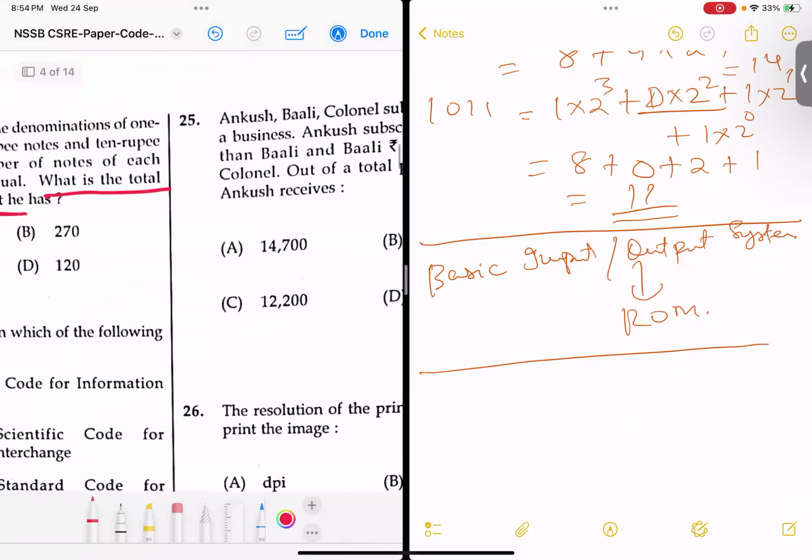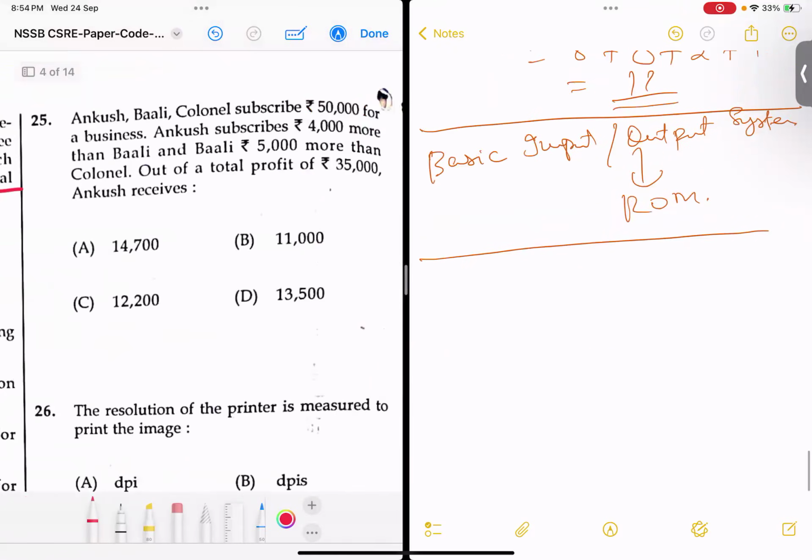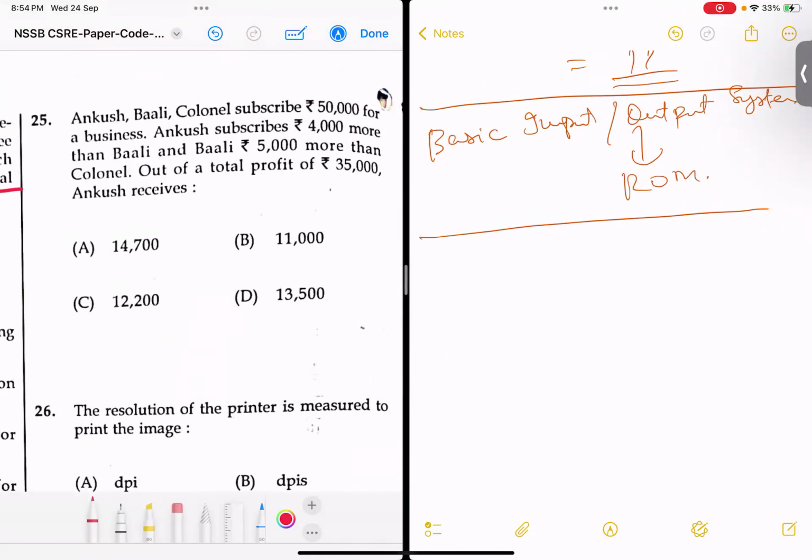Question number 25. Ankush, Pali, and Kolnal subscribe 50,000 for a business. Ankush subscribes 4,000 more than Pali, and Pali 5,000 more than Kolnal. Out of the profit of 35,000, how much did Ankush receive?